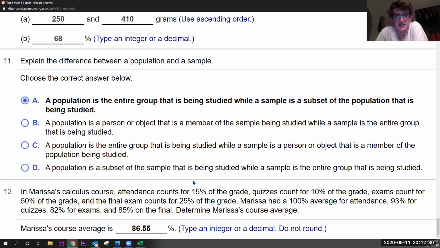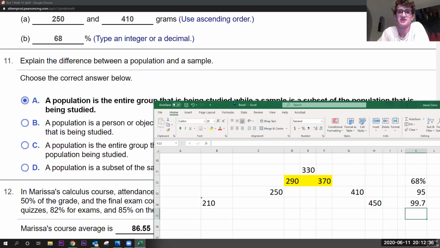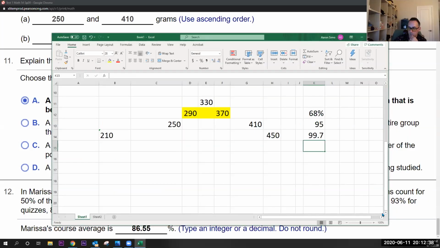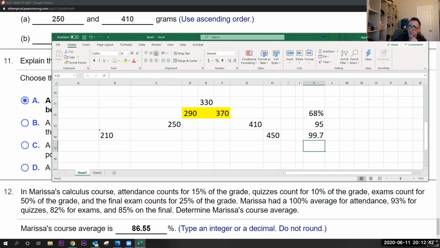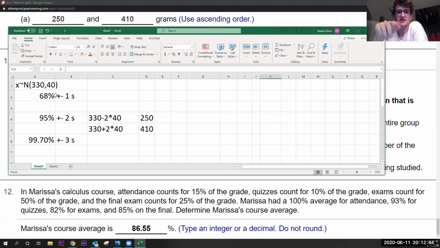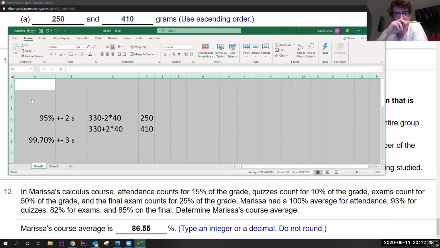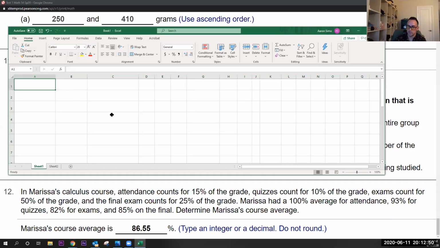Would you multiply the percentage, like attendance is 15% of the grade, times 100? Yeah, like the other problem we just did. Exactly, the weights.